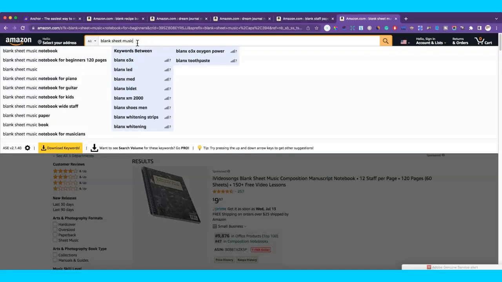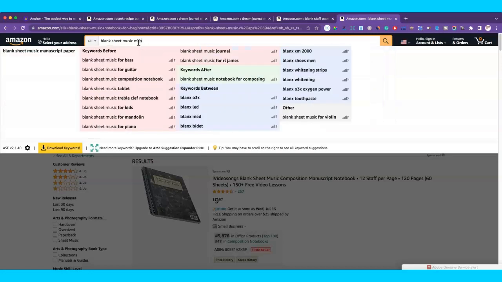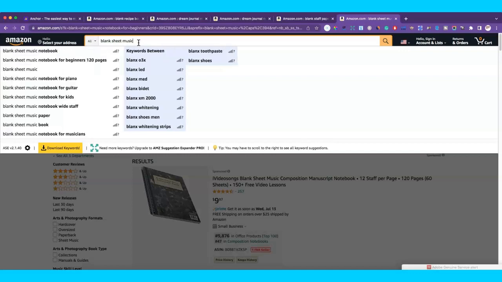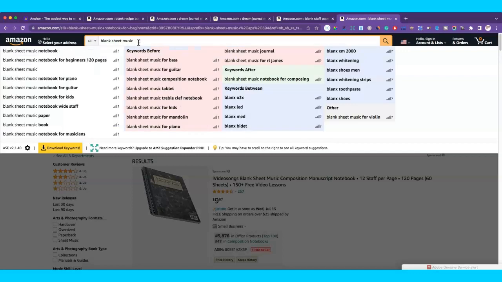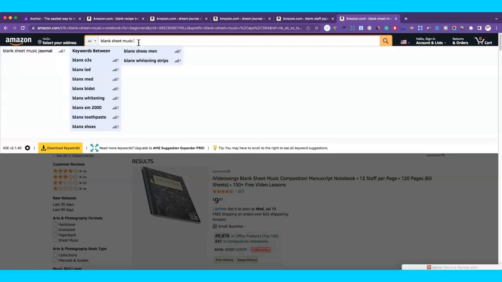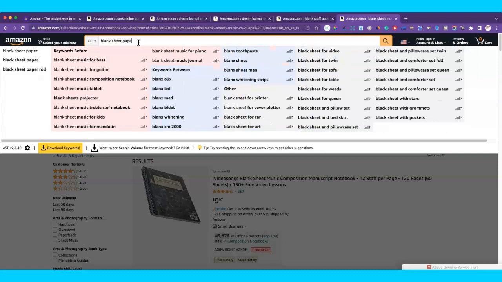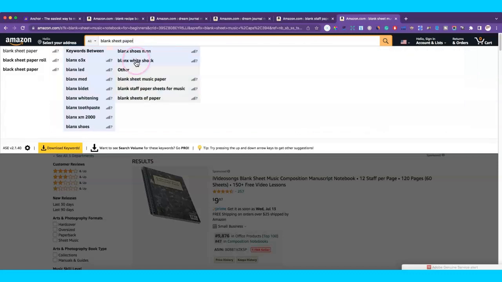Blank sheet music notebooks. Men. Blank sheet music. Jazz. Blank sheet paper. Blank sheet music paper. Okay, yeah.